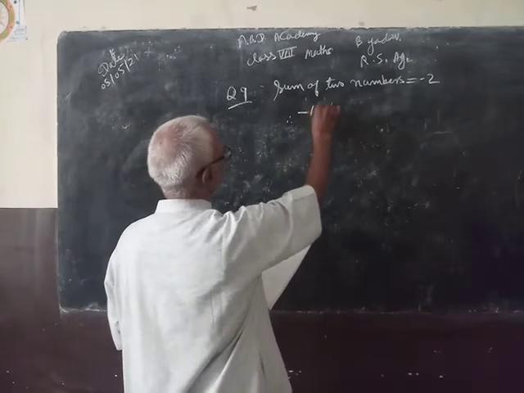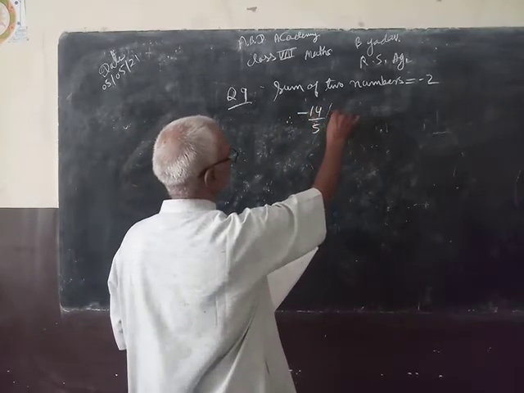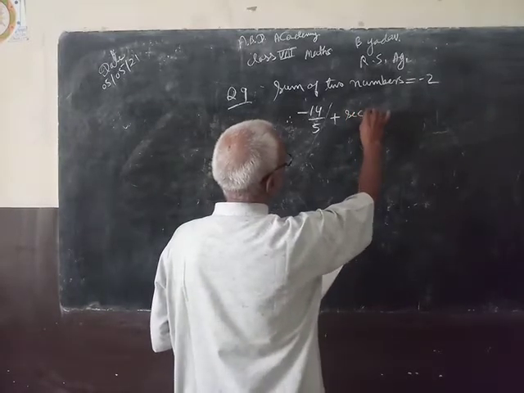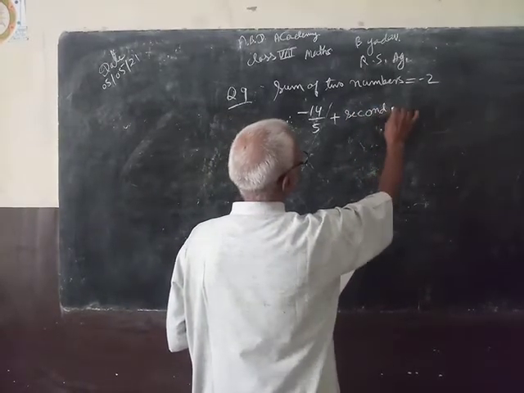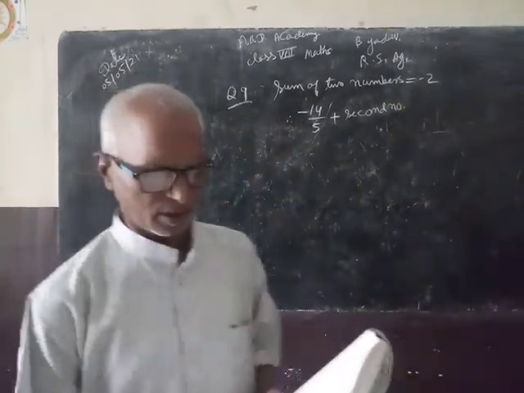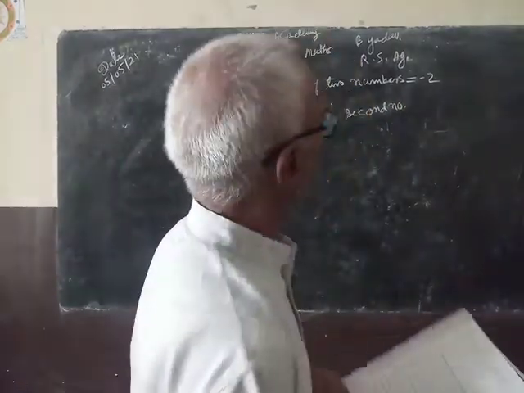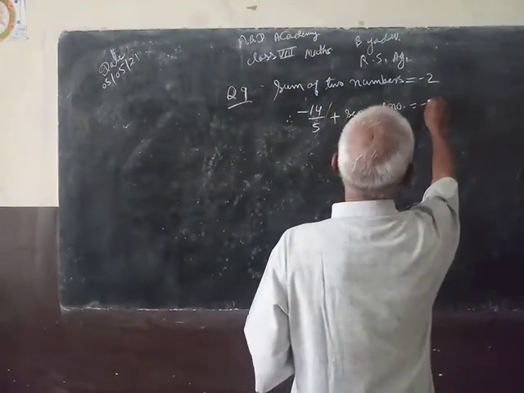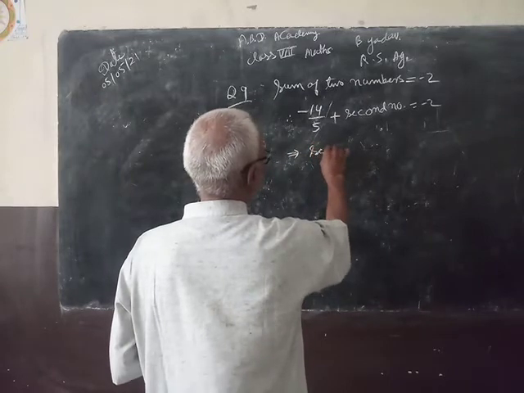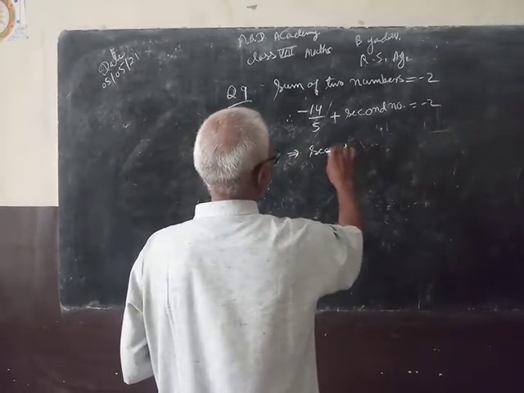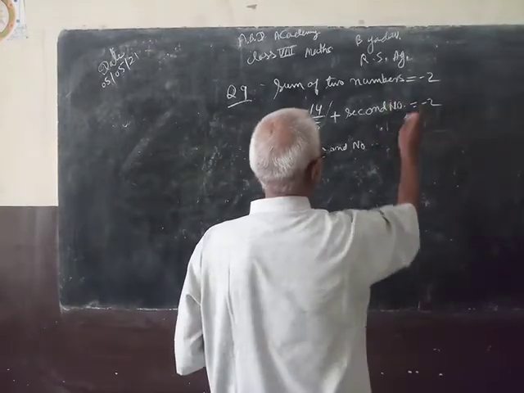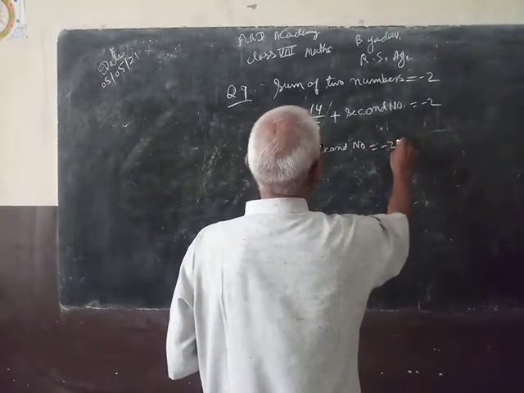Therefore, minus 14 by 5, which is the first number, plus you can write here the second number, and the sum of the numbers is equal to minus 2, which implies second number is equal to minus 2.